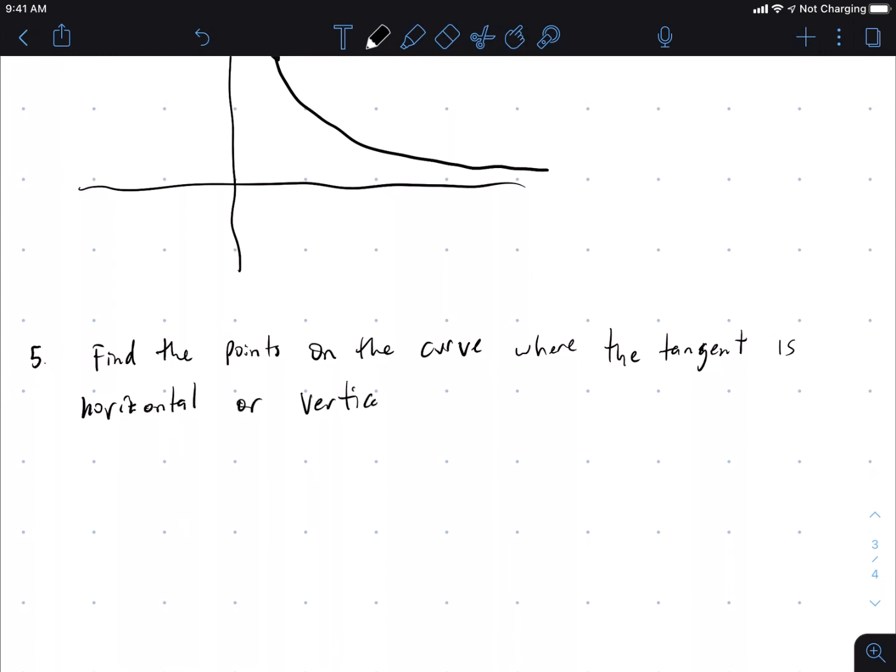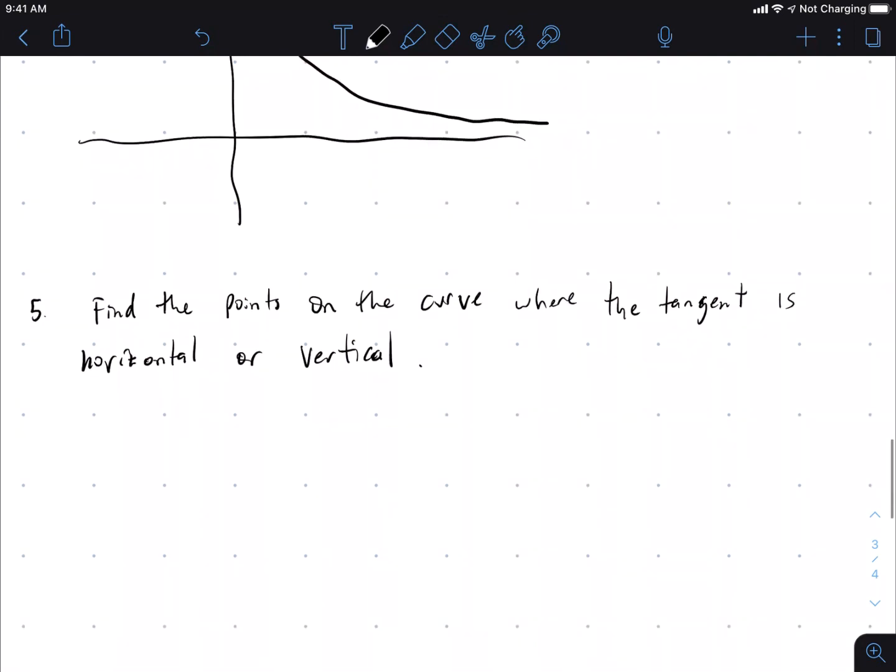And we did this in class in a lecture. So here is our problem. X is equal to t cubed minus 3t, and y is equal to t squared minus 3.